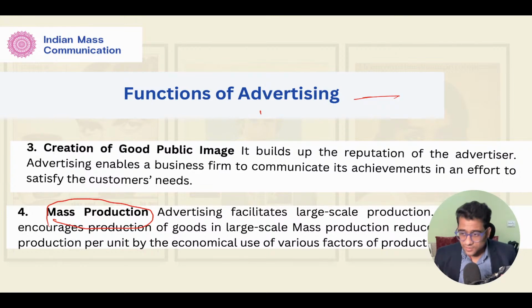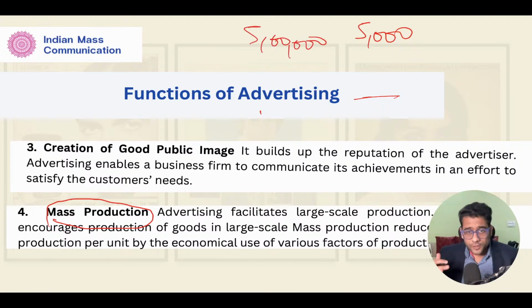If I just sell this pen through say personal selling, I am only going to sell it to 100 people. So the cost of production will be very high. If I produce this pen say in 5,000 quantity or 5 lakh quantities, the cost of production is going to go substantially down. It might be only 1/10 of what I'm incurring while I'm producing just 100 units. So through mass production we also control the price.